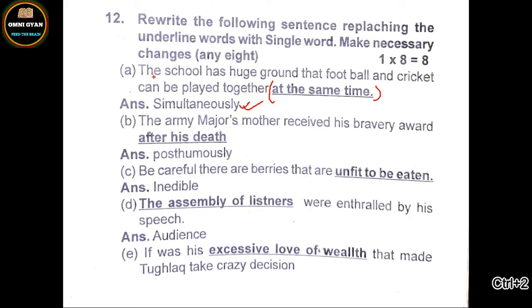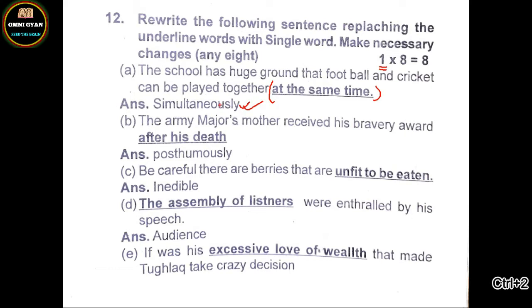So in the answer you'll have to write: the school has a huge ground that football and cricket can be played together simultaneously. After together put simultaneously, don't write only simultaneously. You'll get only half marks out of 1 if you write simultaneously.